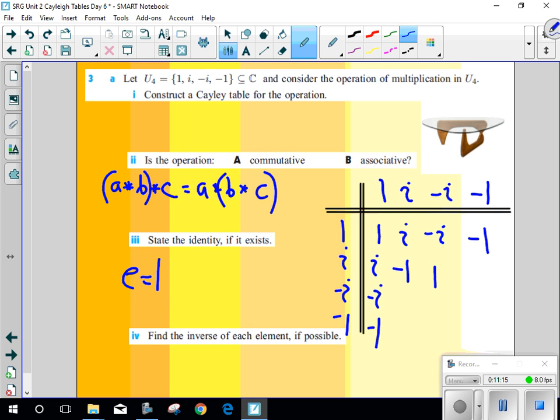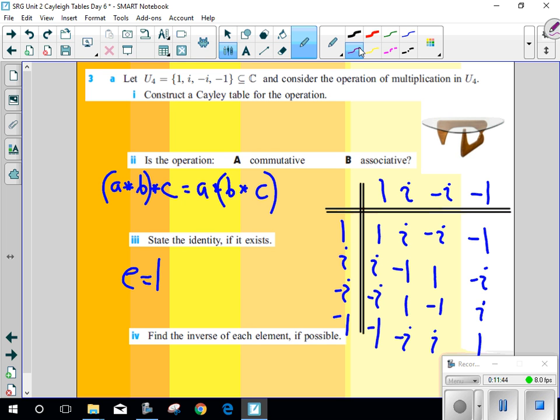Kind of weird. i times -1 is going to be -i. Negative i times this is 1. i times -i is -1. And i times -1 is i. Then the -1, i, and 1.